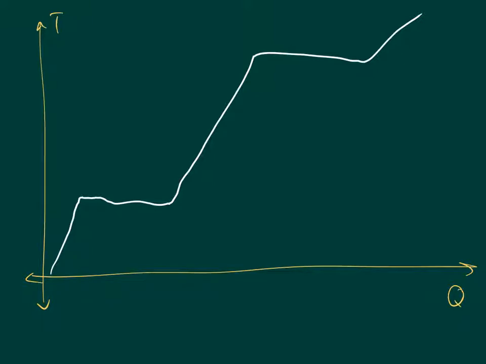So take a look, ready? In the beginning, by gaining energy, follow the cursor, you gain temperature. Take a look, please, up here. This is what slope is defined as, right? As you gain energy, you gain temperature. Well, then suddenly, you have no slope, which means you're gaining energy, but you're not gaining temperature. That means that you're changing phase.